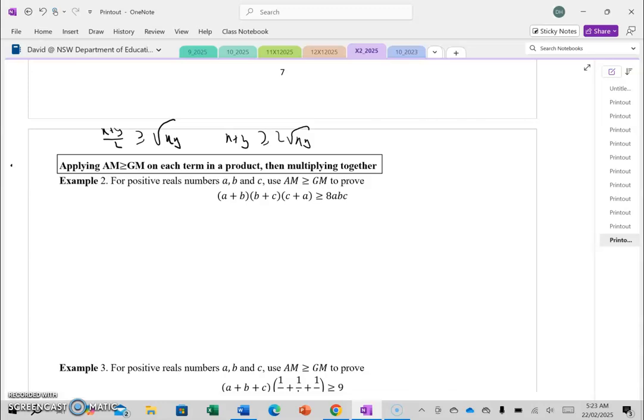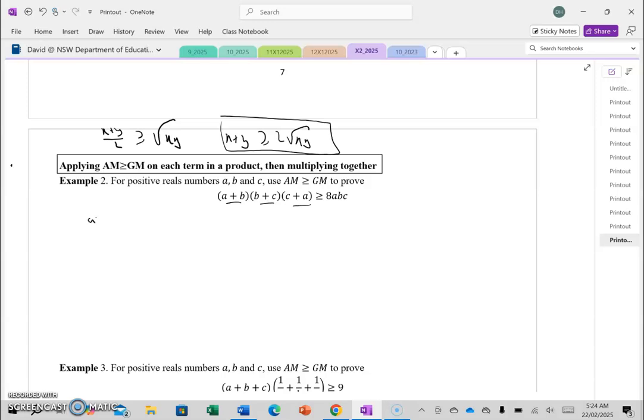Alright. For positive real numbers A, B, C, use AM greater than or equal to GM. So I'm going to use this result here to prove. The first thing I see is two terms, so I'm going to use the AM-GM for 2 numbers. I'm going to apply it 3 times and then multiply, right?